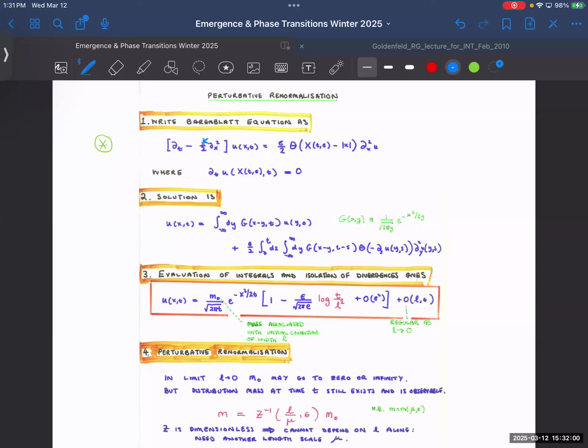Now, why have I written it like this? I've written it like this because I know how to invert the diffusion equation operator. I know the Green's function for the diffusion equation. So I can write down an integral equation solution to this equation, then expand that integral equation solution and get a perturbative solution to this equation.